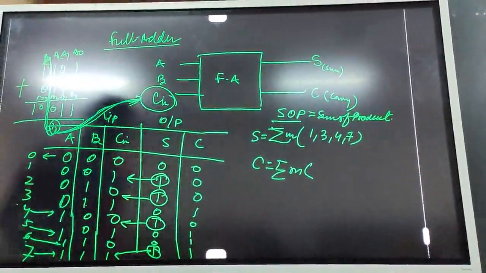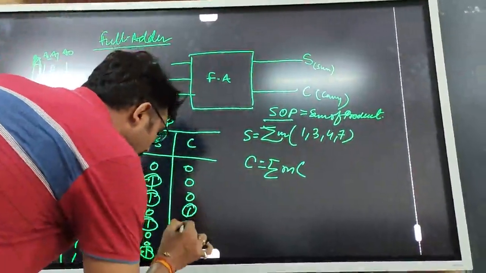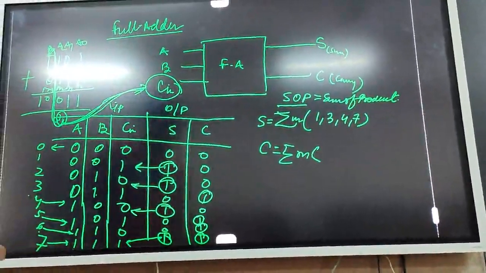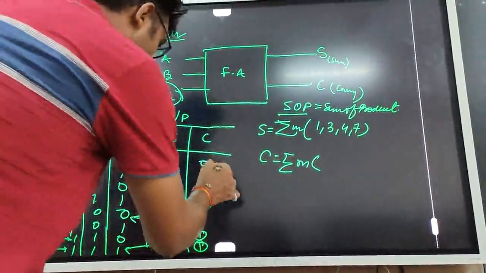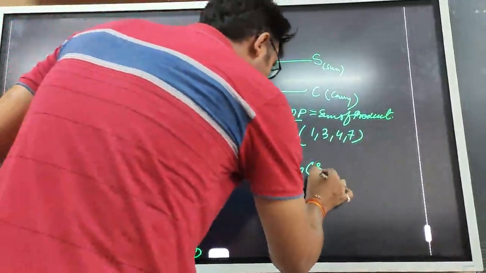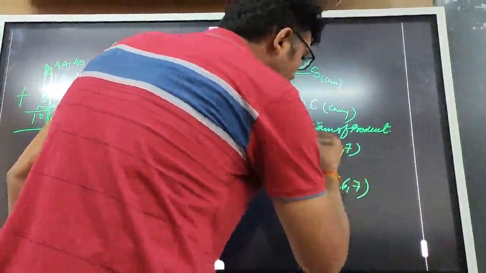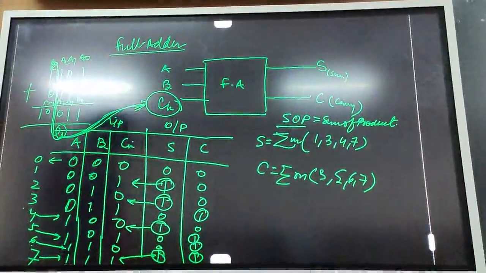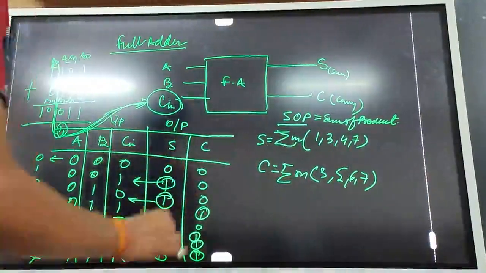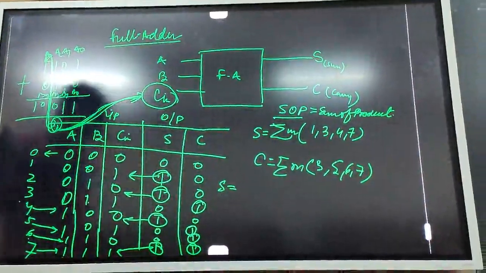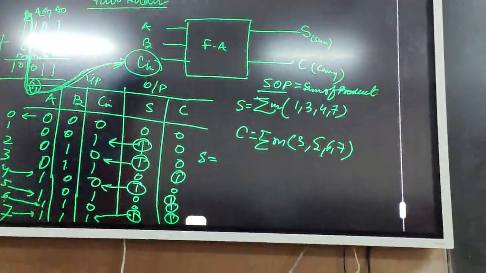And here, if we write for the carry, then we also have 4 combinations, that is 3, 5, 6 and 7. Why am I writing like this? This can be elaborated as I have discussed previously in the case of half adder.